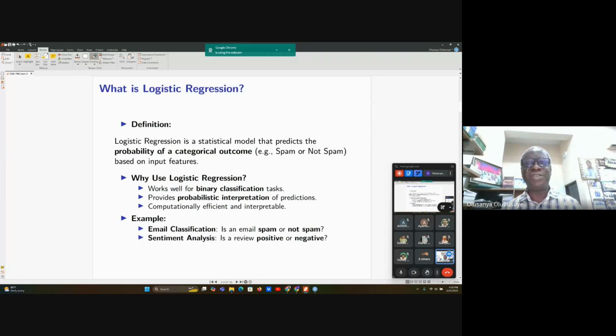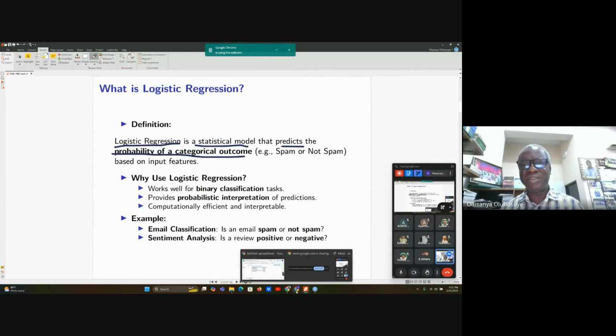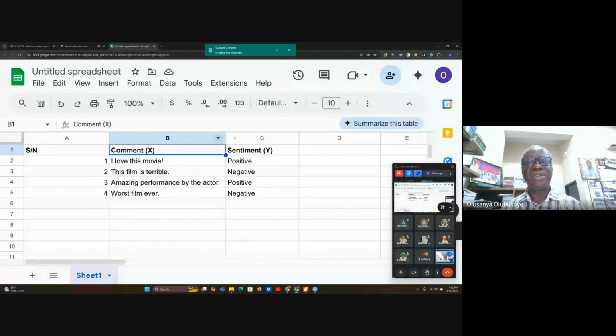So let's go to the definition which I've already provided. Logistic regression is a statistical model. And we use it to predict the probability of a categorical outcome. In other words, this is a typical categorical outcome.